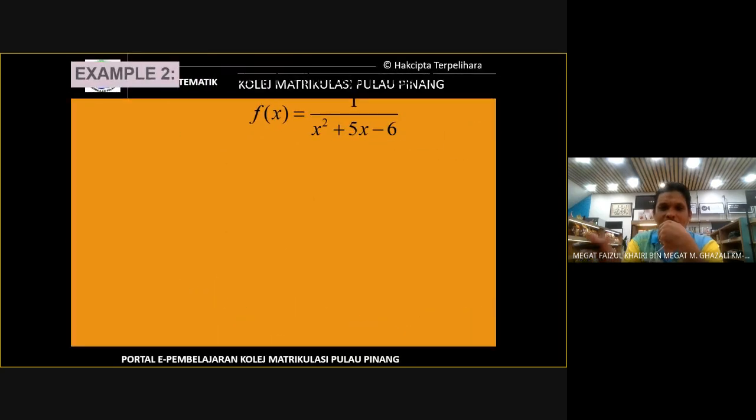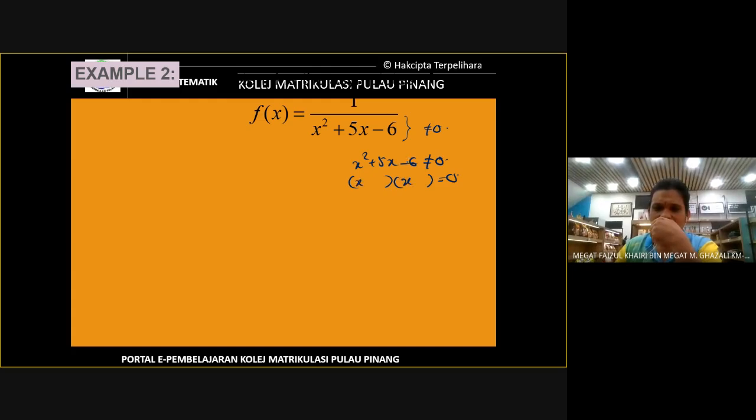So now, what about this? 1 over x squared plus 5x minus 6. Class, as we know, the denominator cannot be equal to 0. So x squared plus 5x minus 6 cannot be equal to 0. Factorize. We get x and x.